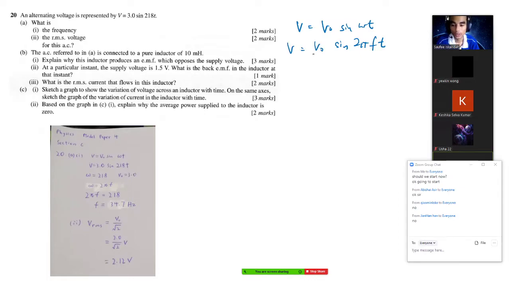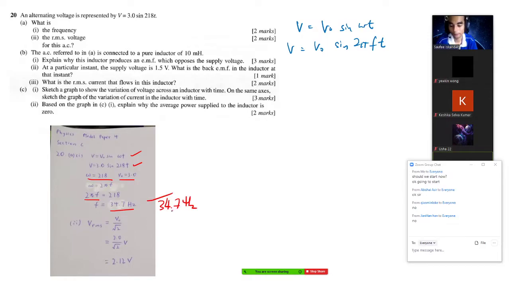So you can determine the frequency. I'm using red color, easier to see, to differentiate which one. V naught sine omega t, 218t, so omega is 218 and V naught is 3.0. So 2 pi f equals 218, so it will be 34.7 hertz.